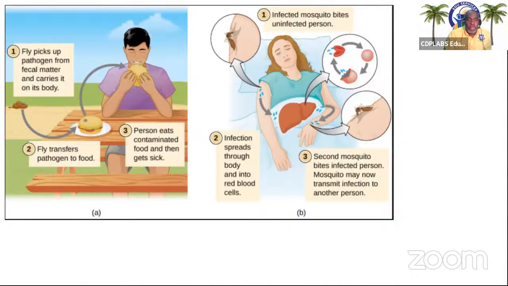All right. Now, looking at this picture, it's showing you that number one, a fly picks up pathogen from fecal matter and carries it on its body. Going back to the question before, a fly could also be the carrier for which of the diseases we just mentioned?